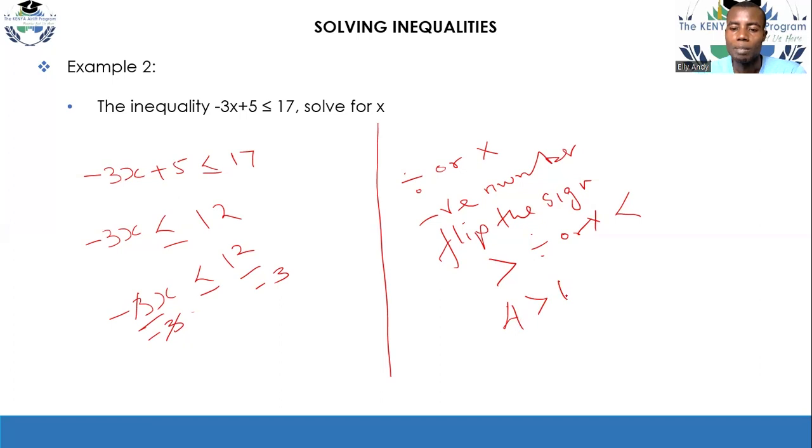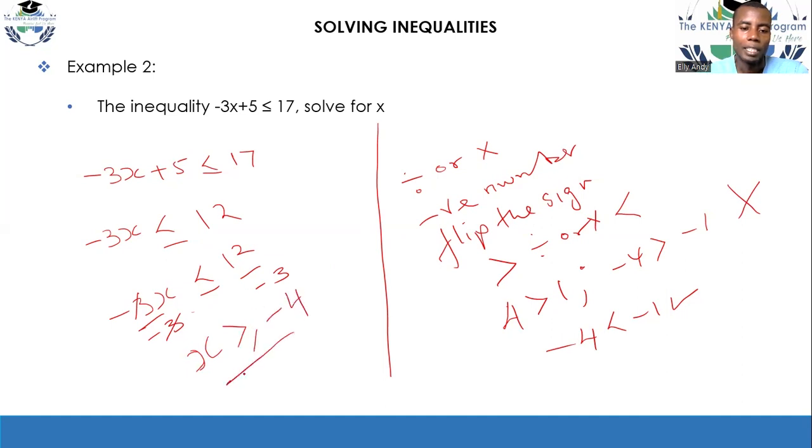Then you multiply both sides by -1. You'll have -4 greater than -1, which makes no sense because -4 is not greater than -1. But flipping the sign to read -4 is less than -1 makes it right. The same thing applies with division that you can try on your own. So basically here, after dividing this, we should flip the sign to have x greater than or equal to -4. And that is the solution for our inequality.